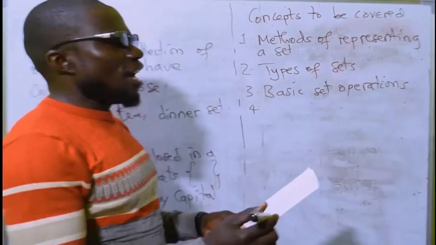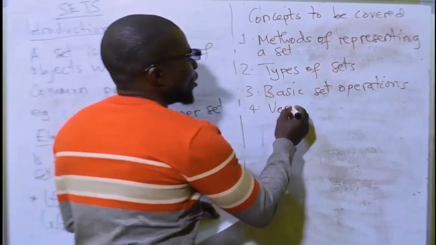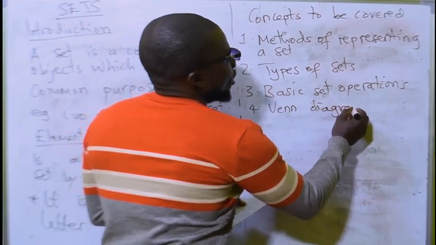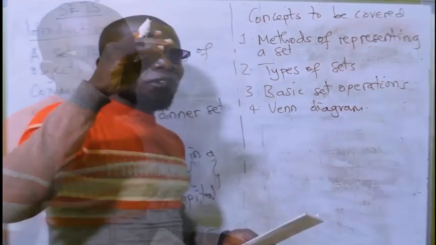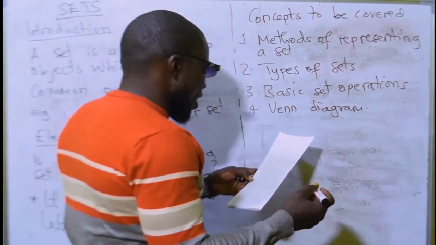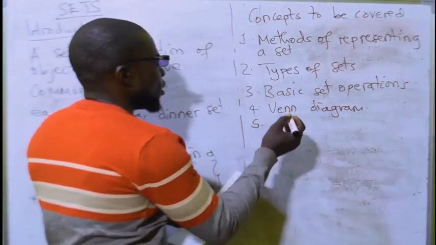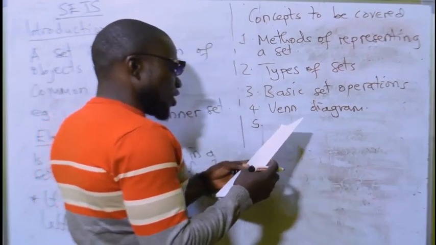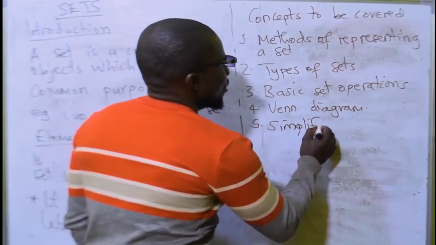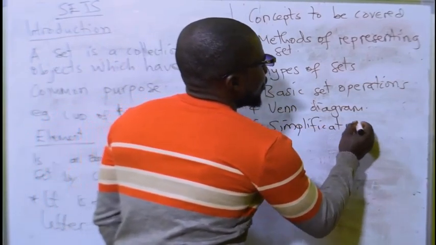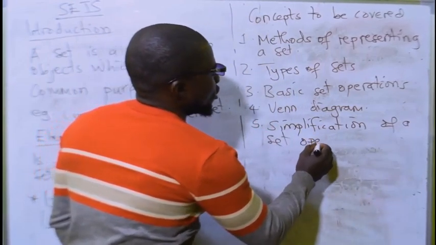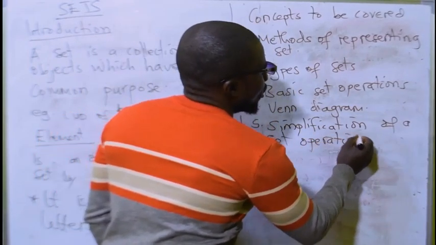Another one is the Venn diagram. We are going to cover the concept of the Venn diagram, but the Venn diagram here will show three sets. The last but not the least is simplification of set operations.